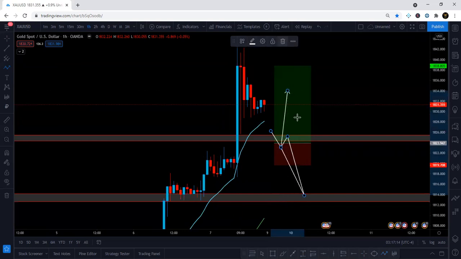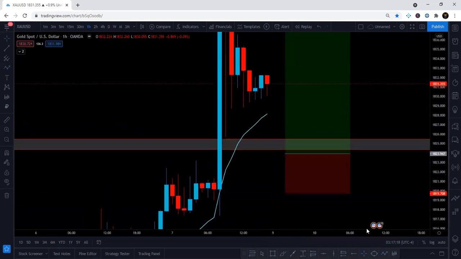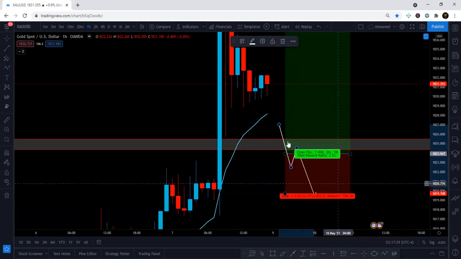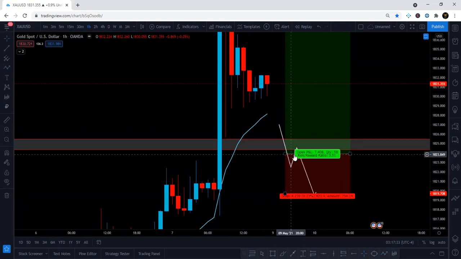Sometimes what I do, I have 1 hour closing below here, right? And usually the next 1 hour comes up to make the top wick before going down. So sometimes I leave it there waiting for that. It depends how the candles are moving. So I wait for that top wick and then get out at break even.